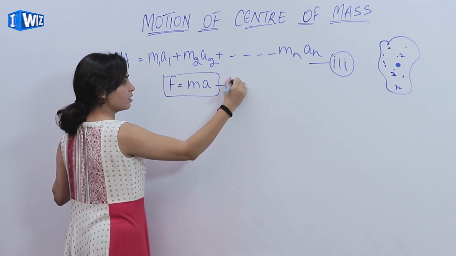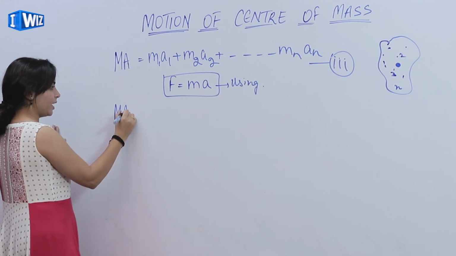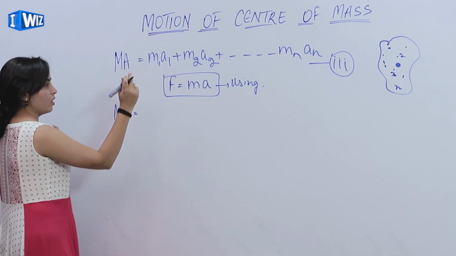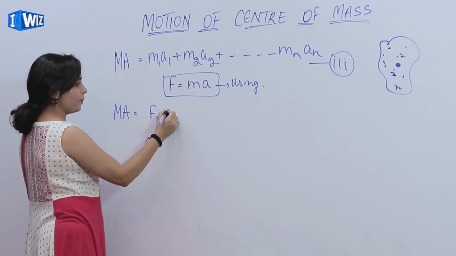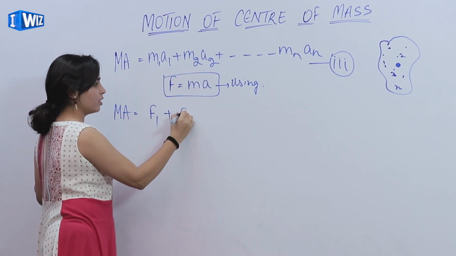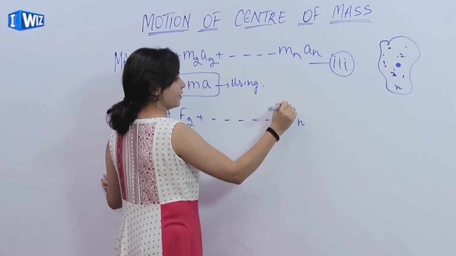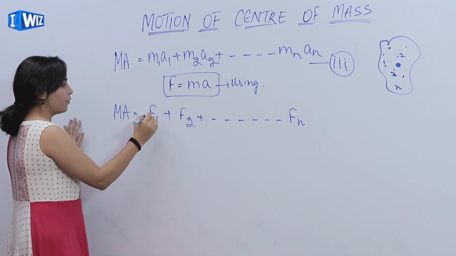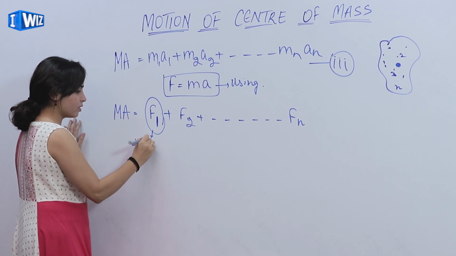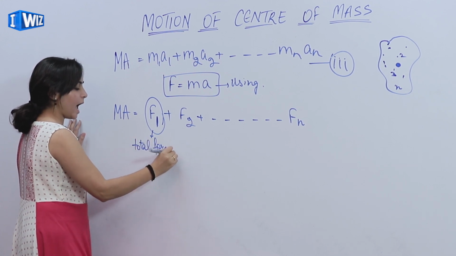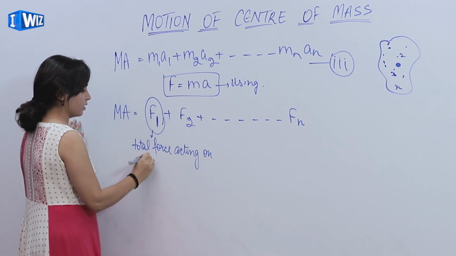Using this law, we'll say ma is equals to m1 into a1, I can say force F1 plus m2 into a2 F2 up to so on Fn. अब जो ये force F1 है, this is total force acting on first particle.